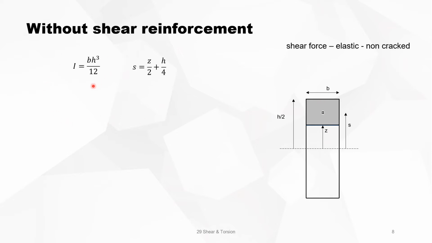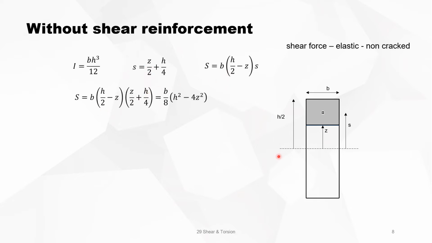You take the moment of inertia, b h to the third divided by 12. The centroid is z plus h over 2 minus z, divided by 2, or z over 2 plus h over 4. This is the point of gravity of the section in compression relative to z.